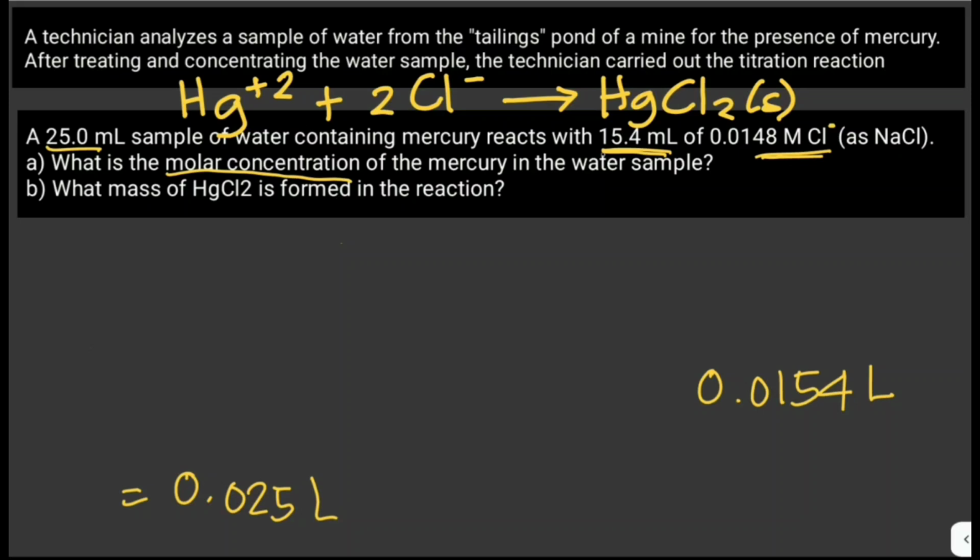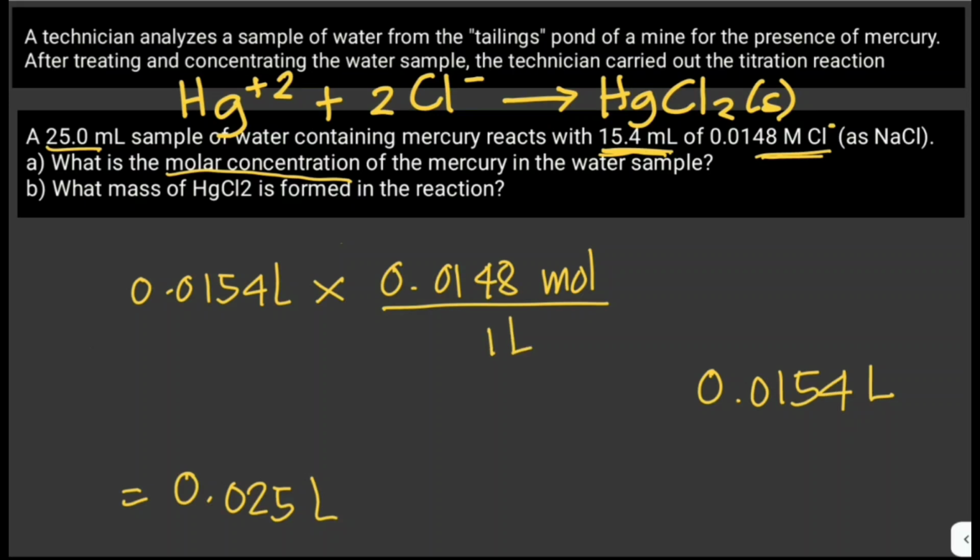So we multiply the volume of that solution by its molarity. So that would be 0.0154 liter times 0.0148 molarity, that is mole per liter.